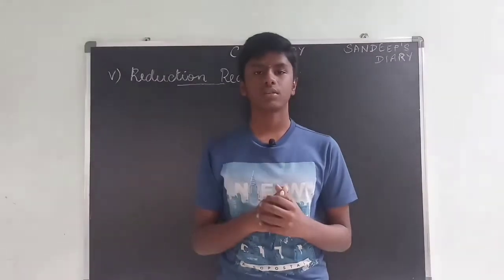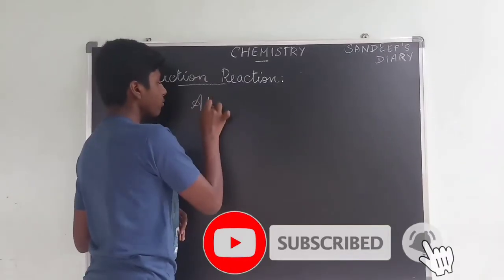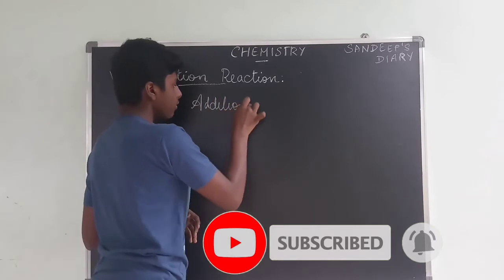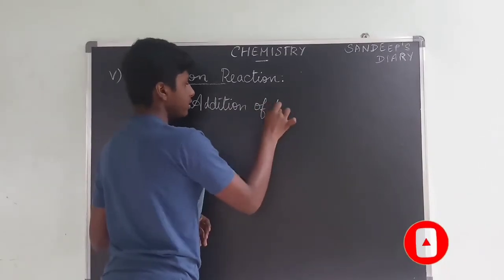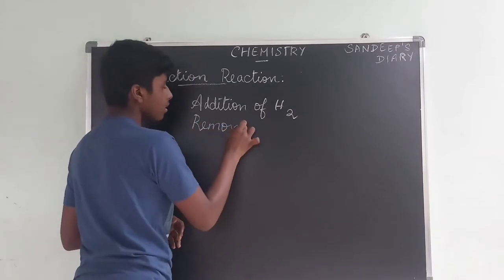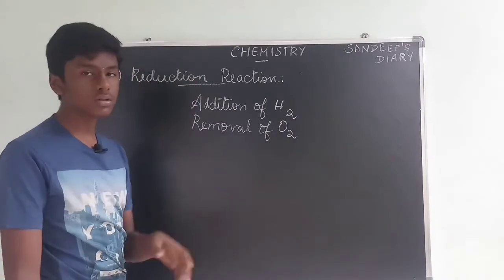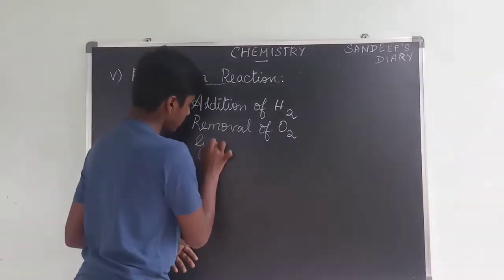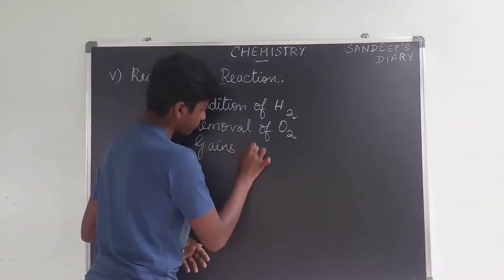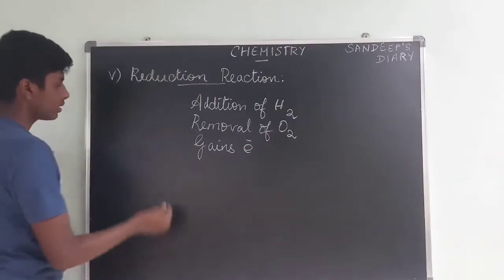Next is reduction reaction. Here there is addition of hydrogen and removal of oxygen, and where oxidation loses electron, here it gains electron. Let us give an example.